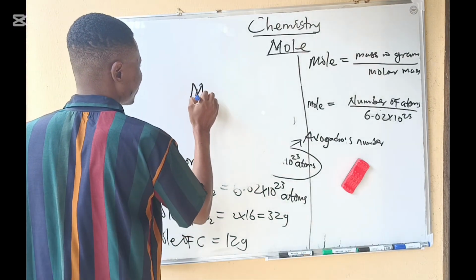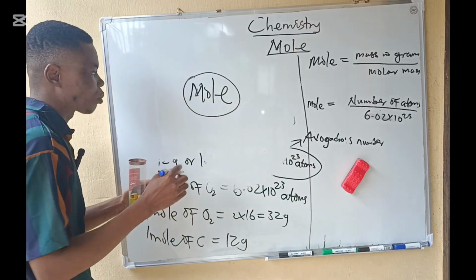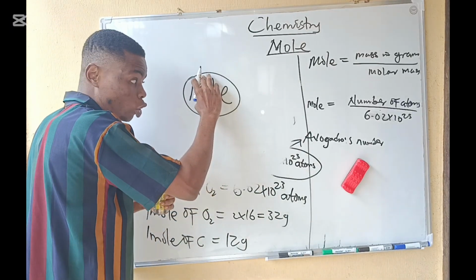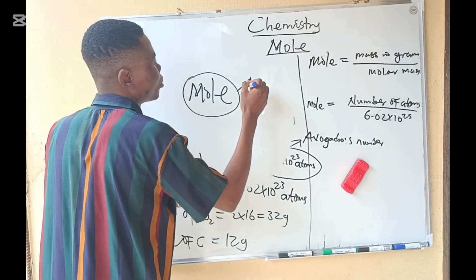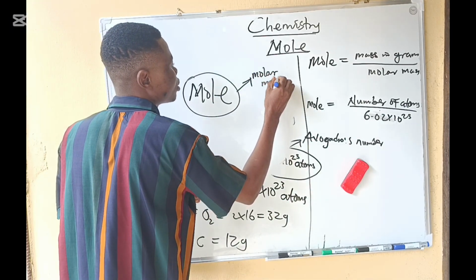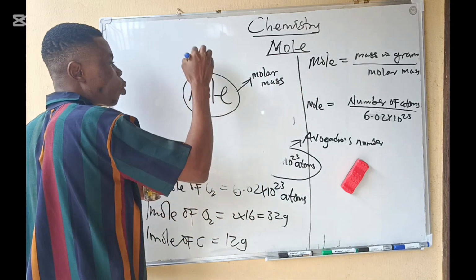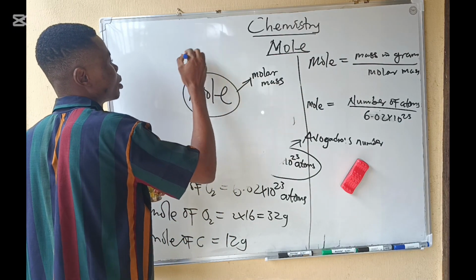Because this mole contains so many things, one mole will also give you the molar mass of an element. This same one mole will also give you the atomic mass number of an element.